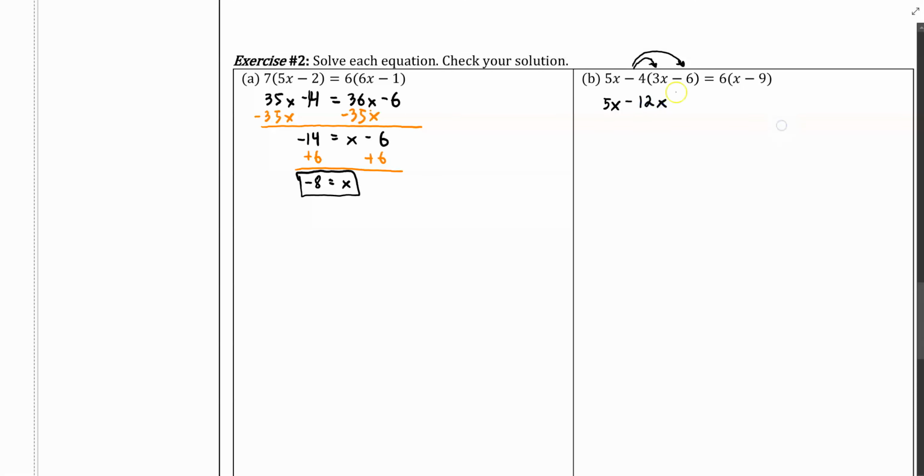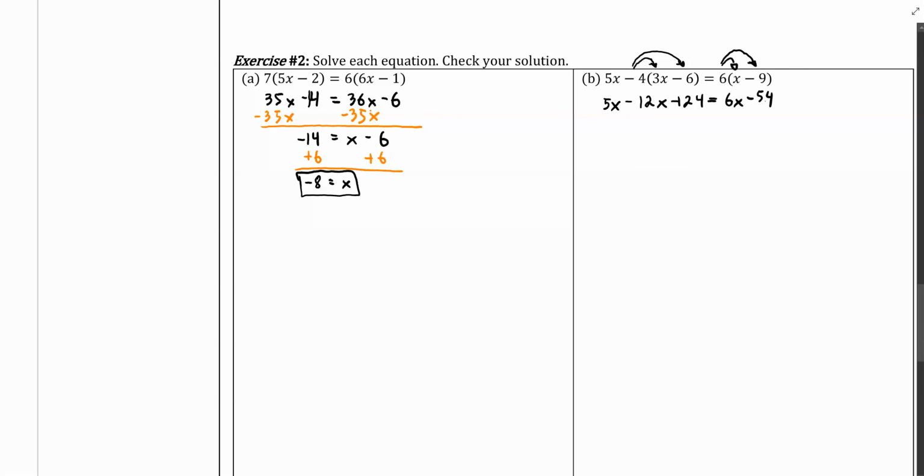Okay, now notice for this problem, there are 3 x terms. 2 of them on the left-hand side, right, 5x and negative 12x. And then 1 of them on the right-hand side, 6x. So what this means is because there are multiple x's on the same side, we need to simplify by collecting like terms first.